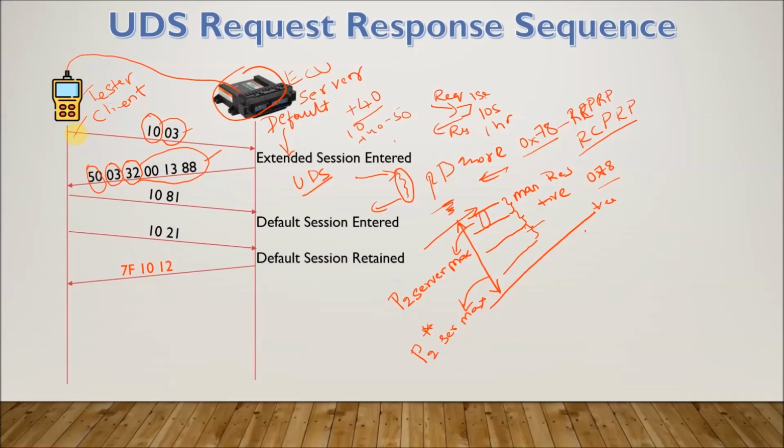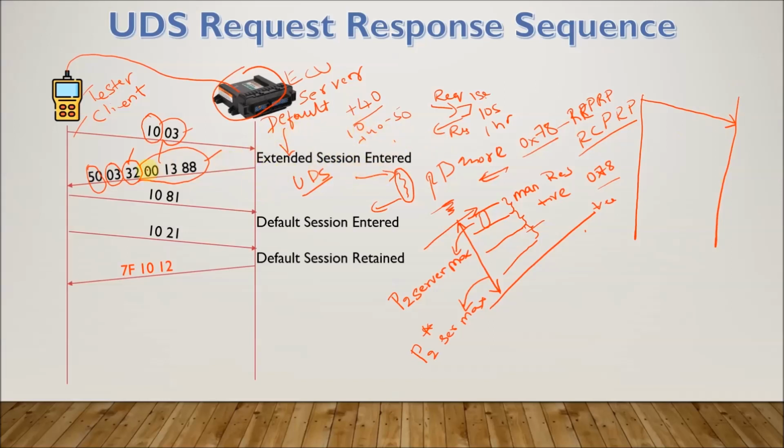If that time is crossed, then it can assume that the response has not happened. That information will be given by this P2 server max and P2 star server max. Okay, so let us first understand.